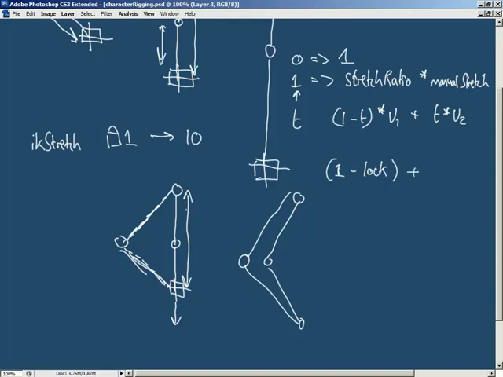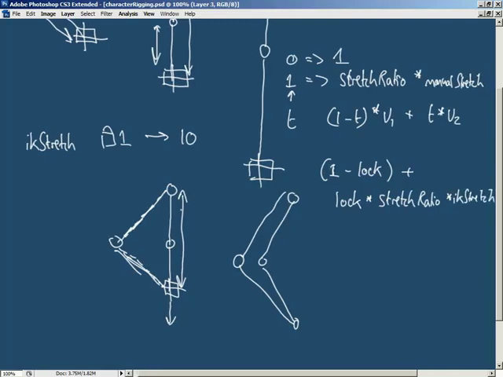Well, t is our lock, so we're going to add to that our lock and multiply our lock by our stretch ratio, multiplied by our manual stretch, or in this case indeed our IK stretch. So multiplied by our IK stretch. So this will give us the resulting stretch ratio, if you like.